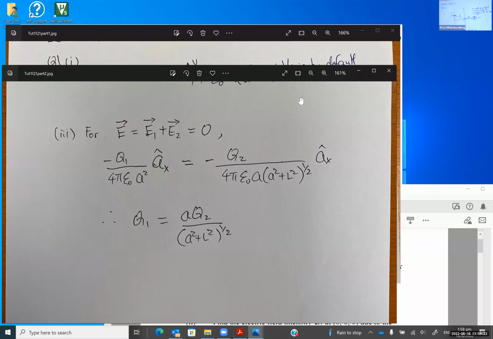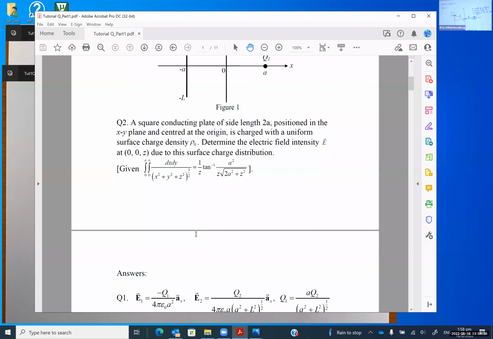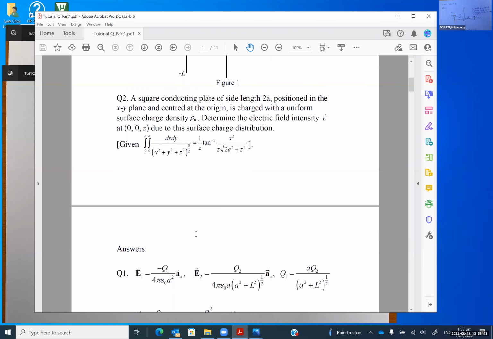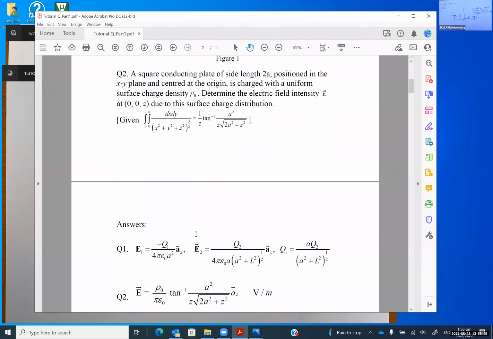Okay, now let's move on to question 2. We have a square. Now we're extending to a surface. We have a square conducting plate of side length 2a, positioned in the XY plane, centered at the origin, charged with a uniform surface charge density of rho naught.